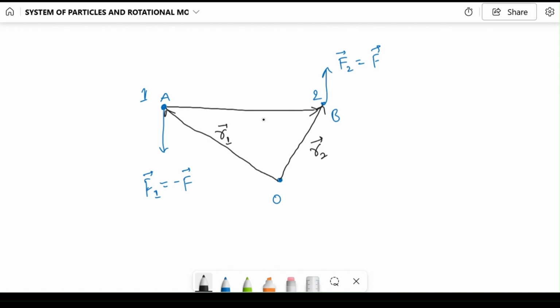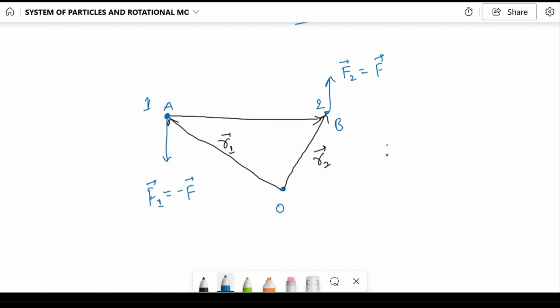Now, if we want to know what is net torque, the net torque will be the sum of these two moments of force. This is, let's say, tau 1, pointing outwards, and this tau 2 is also pointing outward. So we can just sum these two torques, tau 1 plus tau 2, and then we can get what is tau 1.